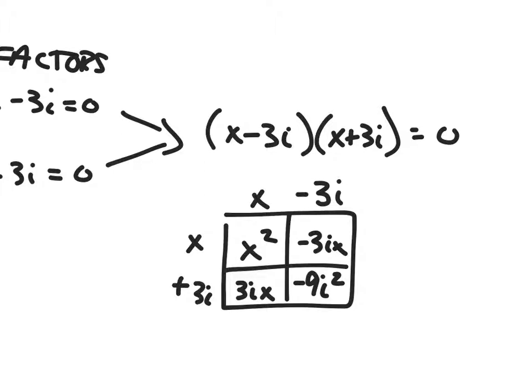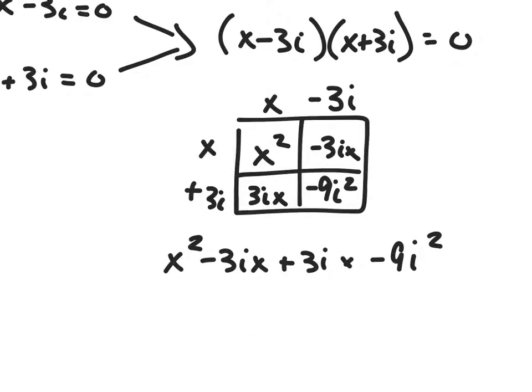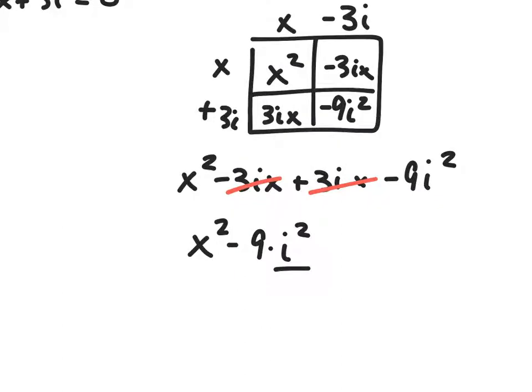Now when I add all these up, I get x squared minus 3ix plus 3ix and then minus 9i squared. The cool thing is that my middle terms are going to cancel out. Negative 3ix and positive 3ix add to 0. So what I have left is x squared minus 9 times i squared. Now i squared, remember guys, is negative 1.